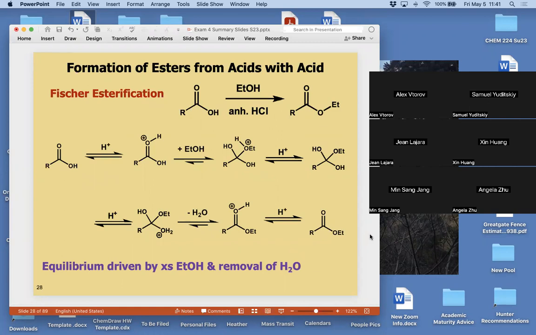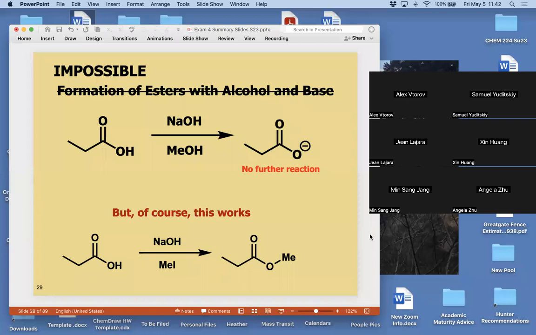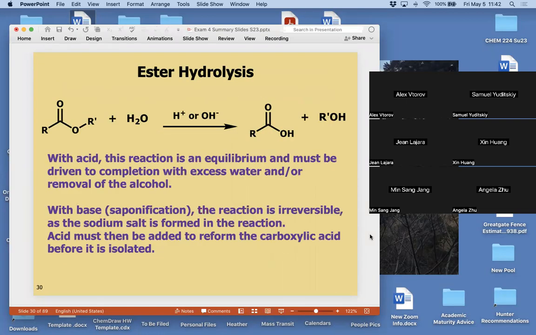The quintessential acid catalyzed interconversion of carboxylic acids and derivatives, acids and esters. Okay, I emphasize that quite a bit.